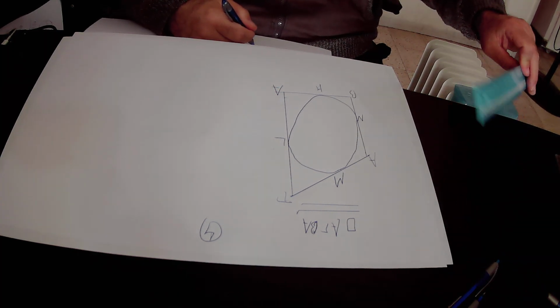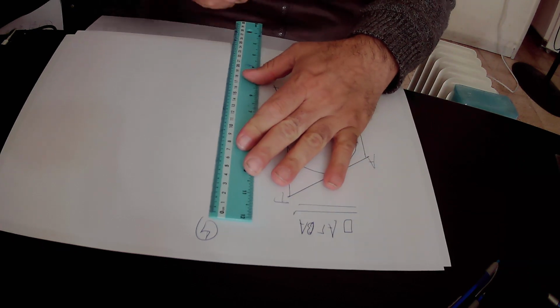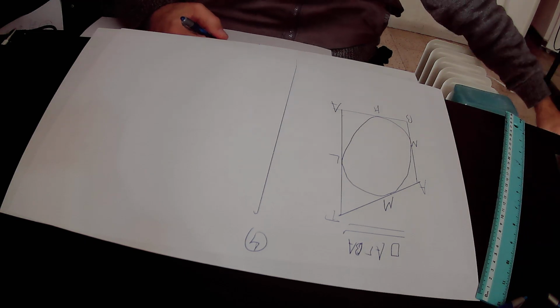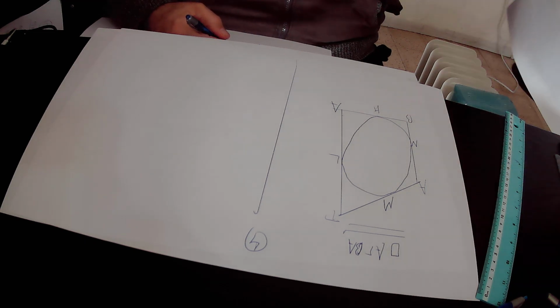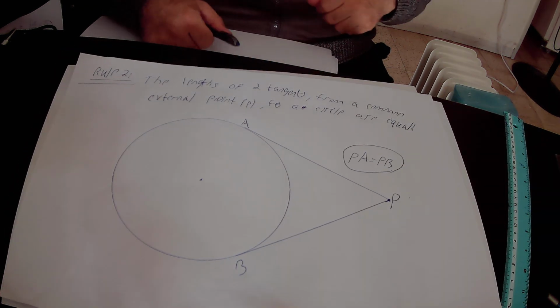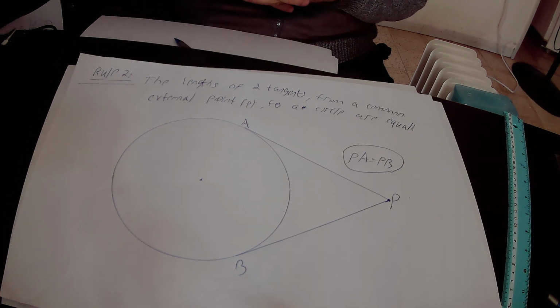So in the next step, I present to you rule number 2, and we implement rule number 2 in our drawing. According to rule number 2, the lengths of two tangents from a common external point to a circle are equal.